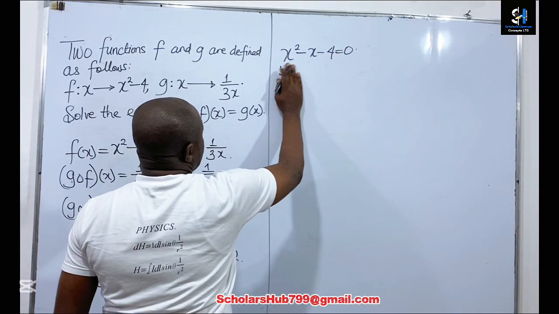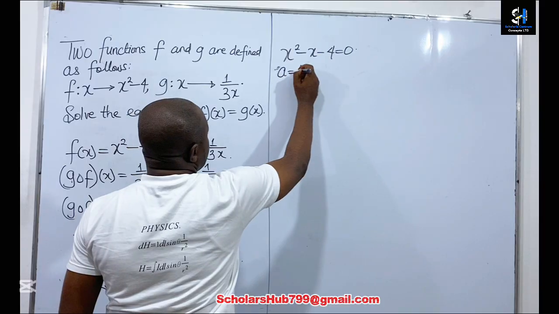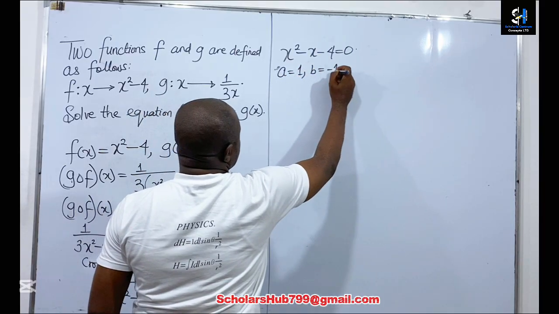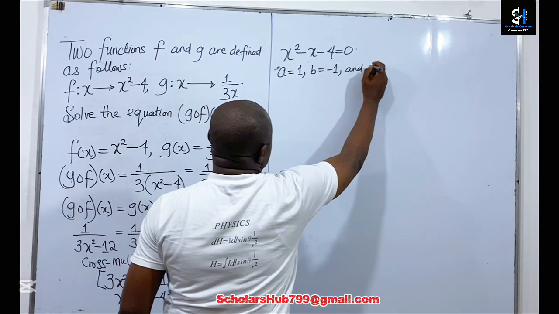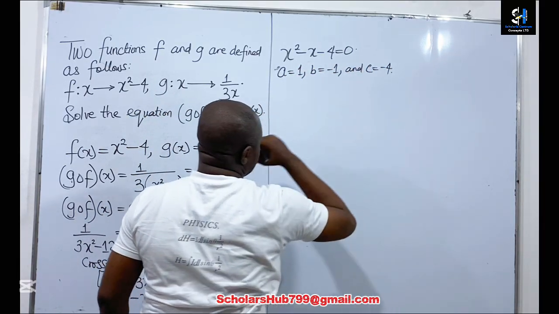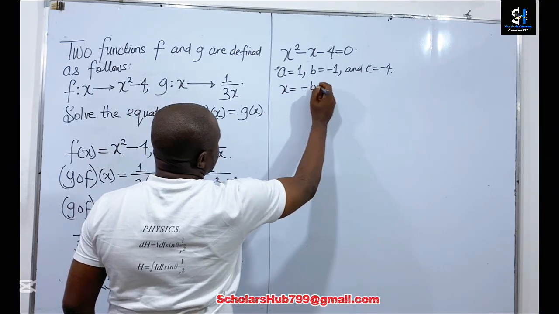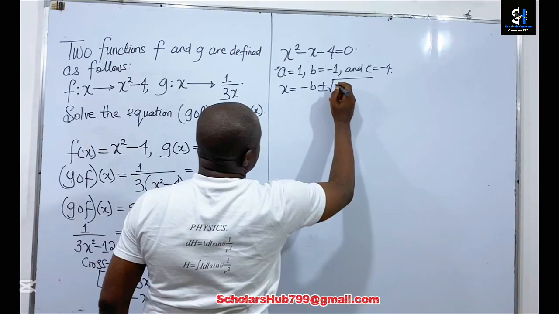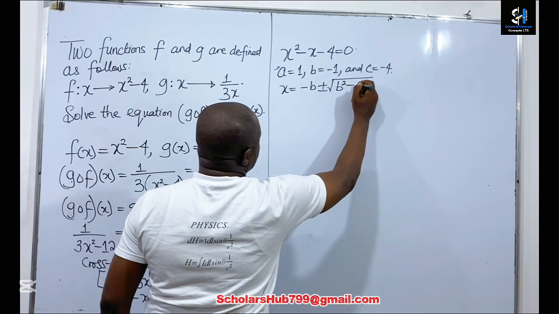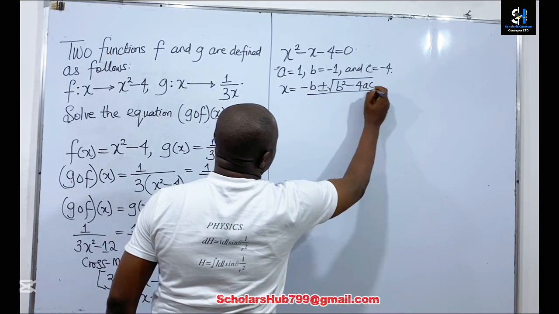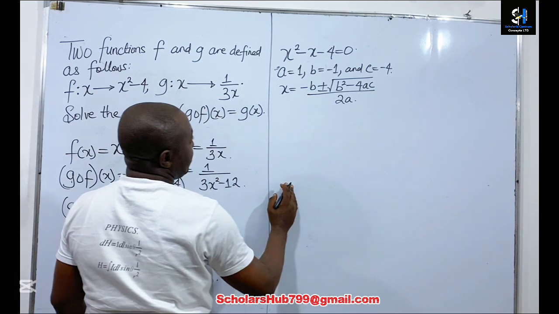So we have x squared minus x minus 4 equals 0. We can say a equals 1, b equals minus 1, and c equals negative 4. We are using the formula x equals minus b plus or minus square root of b squared minus 4ac, all over 2a.